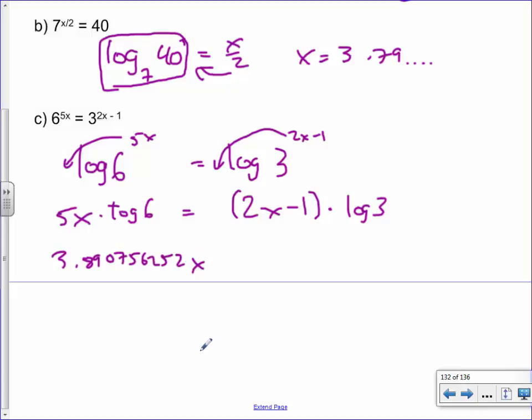I have that many x's. Does that make sense what I just did there? This is a number, this is a number. I'm just multiplying them together, and that's how many x's there are. Just like if this was 5x and that was 3, 5x times 3 would be 15x. Well, 5 times log 6 just gives you 3 point that number x.